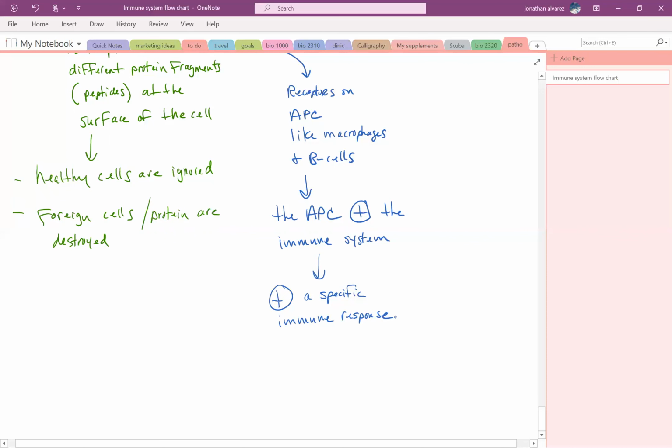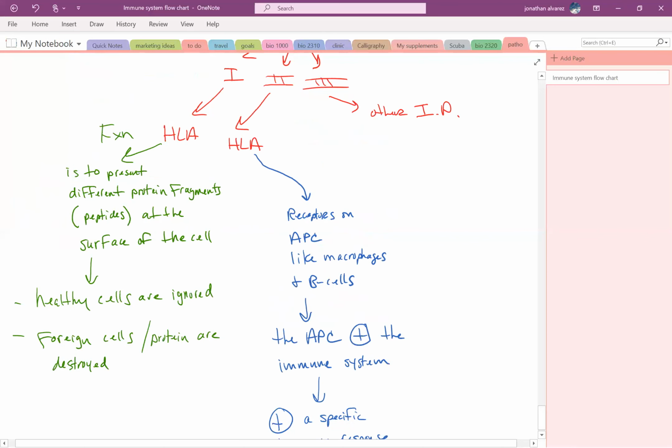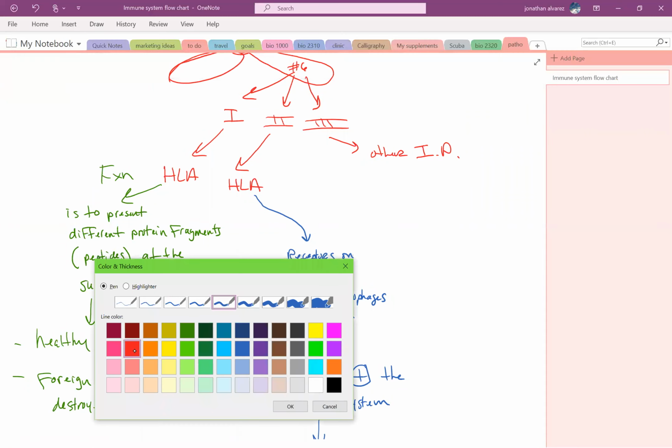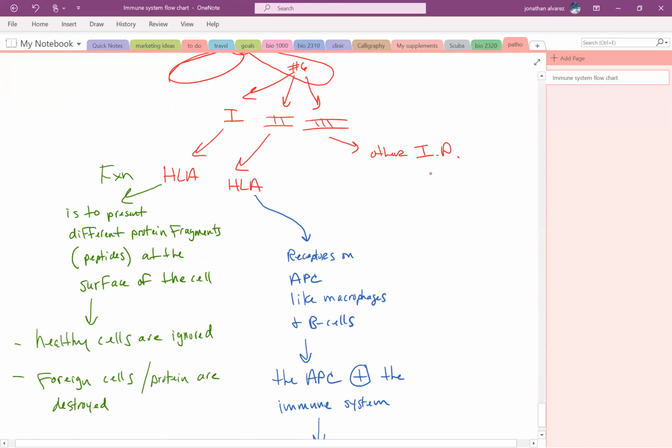Okay, and then the class 3 would be complement.